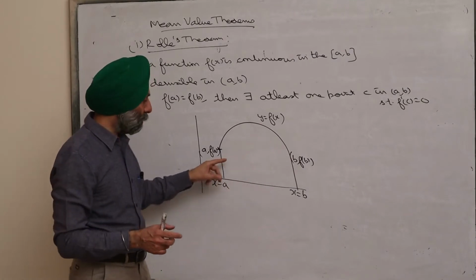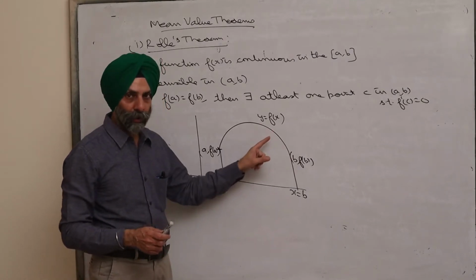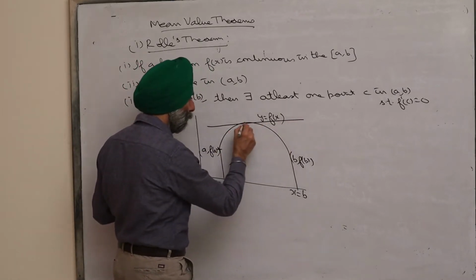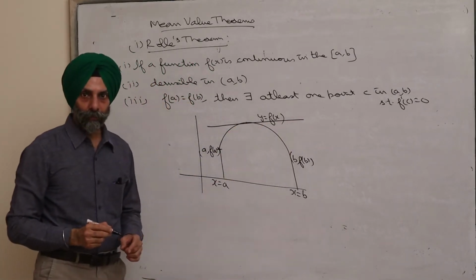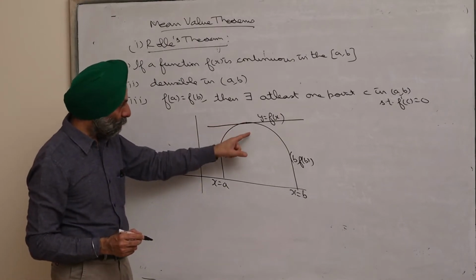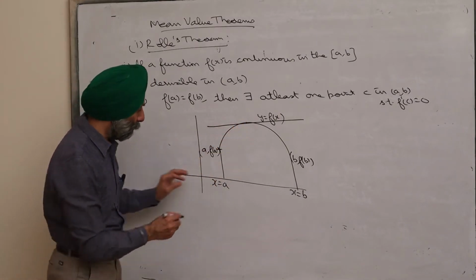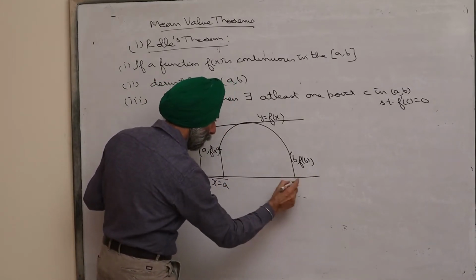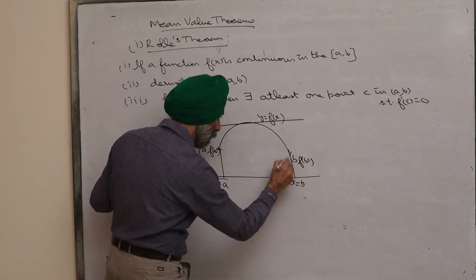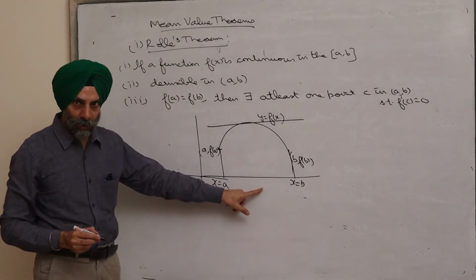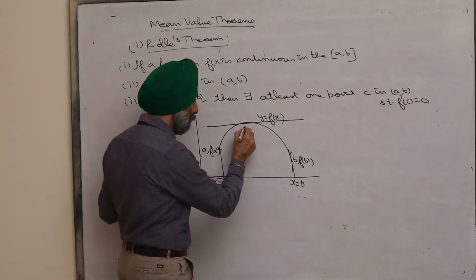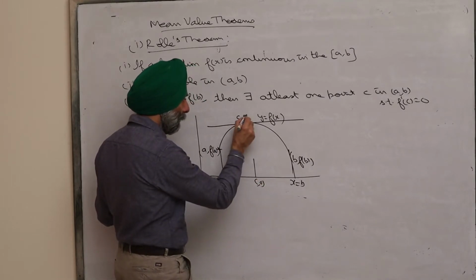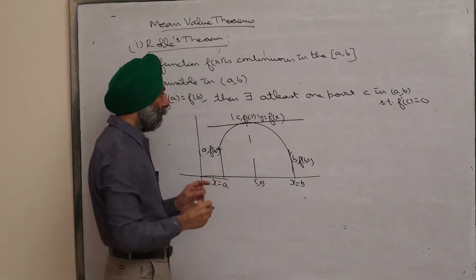When a tangent exists between a to b at every point, that means there must be one tangent which is going to be parallel to the x-axis. That is, there must be at least one point where the tangent is parallel to the x-axis. Since the slope of the x-axis is 0, this point, that is your c point here, f(c), is the point.